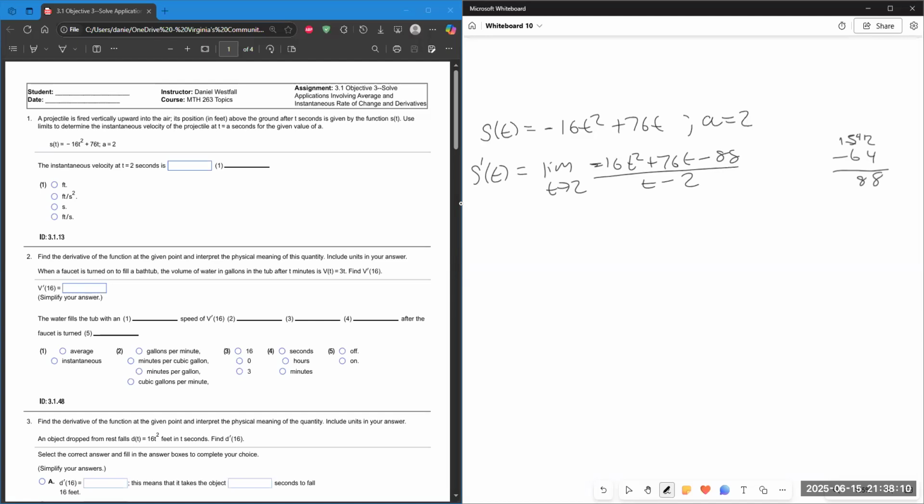And 76 is 2 times 38 is 2 times 19, so there's only a common factor of 4.